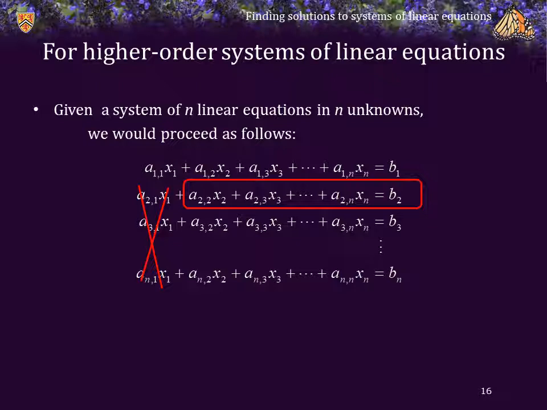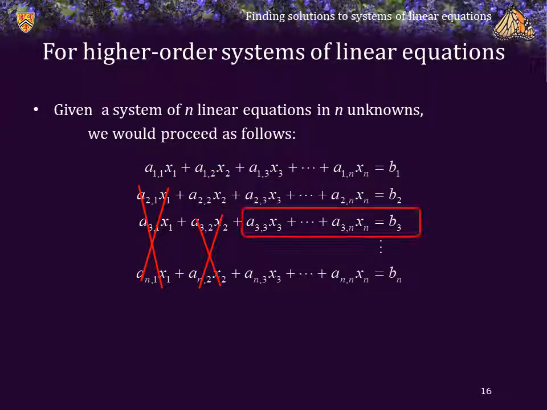And once again, that will eliminate x2 from every subsequent equation. Once again, if we ever tried adding equation 1 or equation 2 onto any subsequent equation, then we would be reintroducing either x1 or x2 respectively, and we don't want to do that.